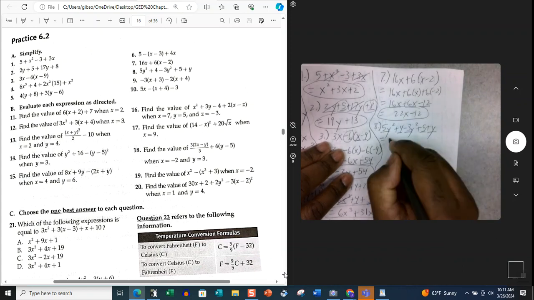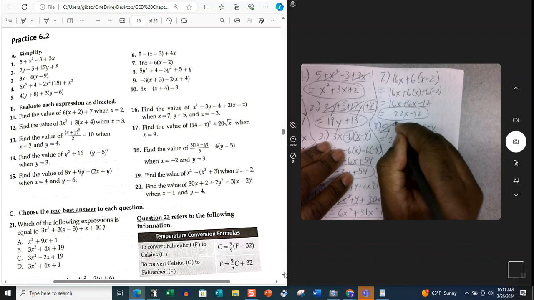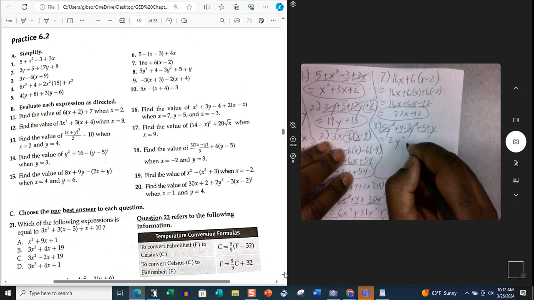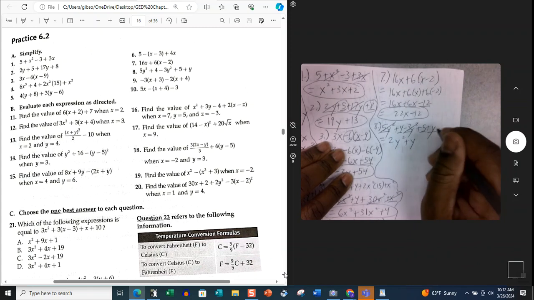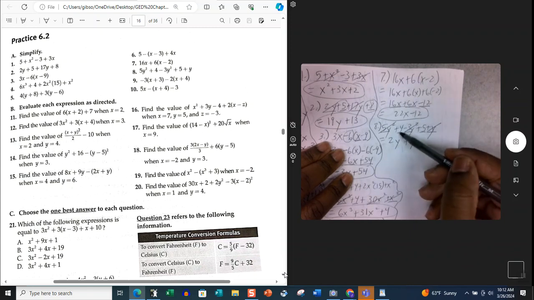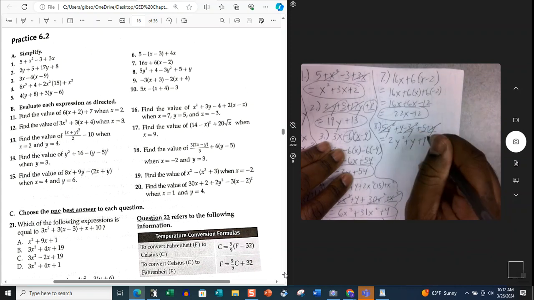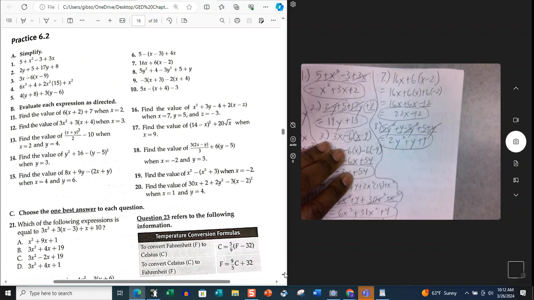So 5 minus 3 is 2, and bring down our y squared. That took care of our y squared. We only have one value of y, so we bring that down. Now we're left with a positive 4 and a positive 5, which will give us plus 9. So that would be number 8.